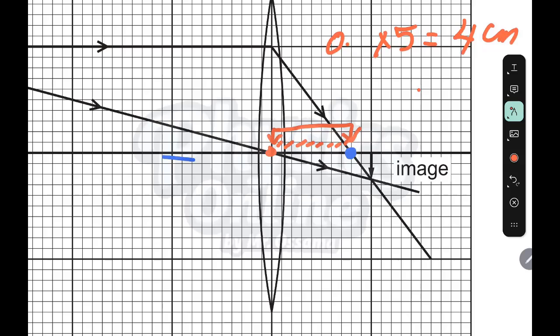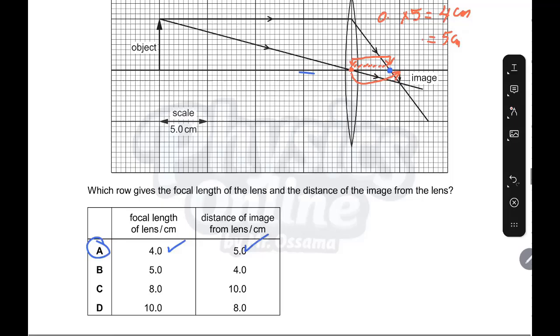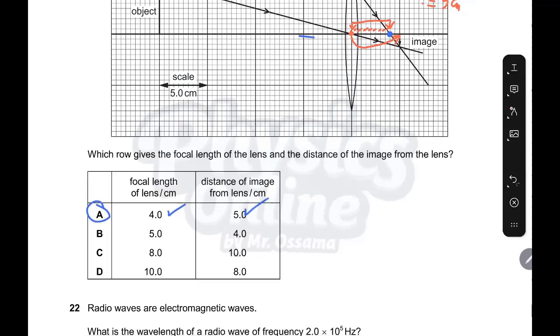And the distance of the image from the optical center to the image, we have one complete square which equals 5 centimeters. So the answer is 4 and 5.